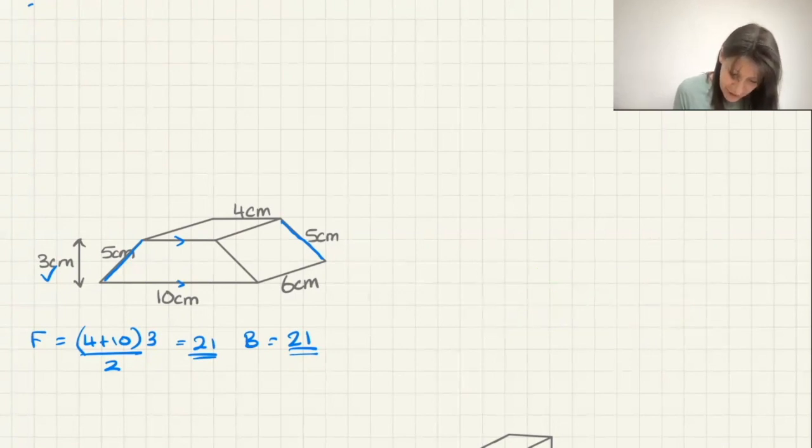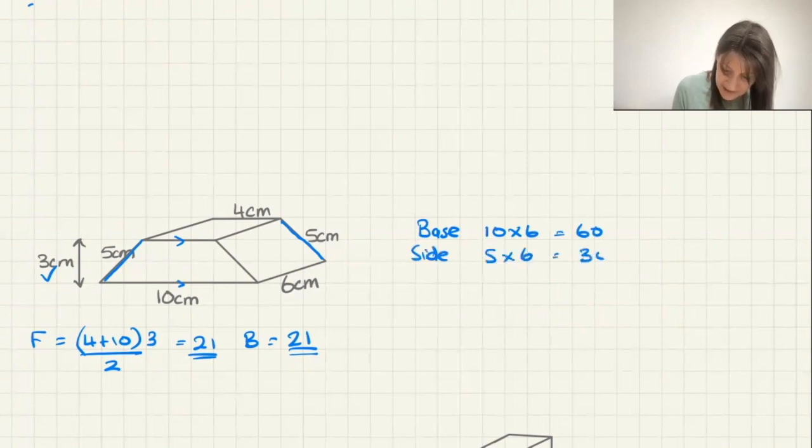So I am going to do the base, or the bottom, which is going to be 10 times 6. It's a rectangle. 10 times 6 is 60. And then I'm going to do the side, which is 5 times 6, which is 30. And obviously the other side is 30 as well. And now I'm going to do the top, which is 4 times 6, which is 24.